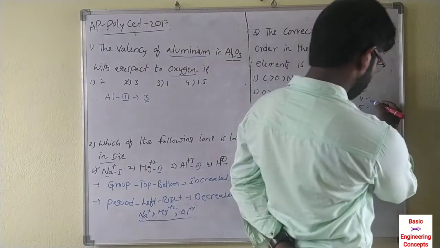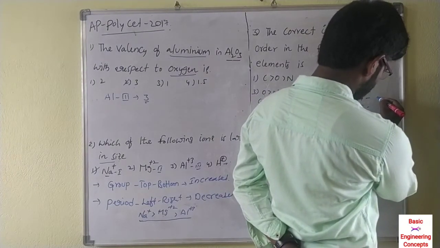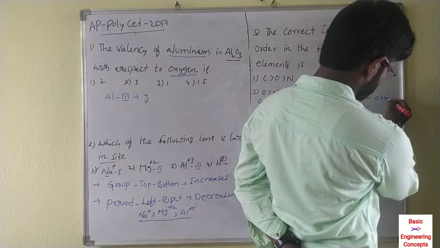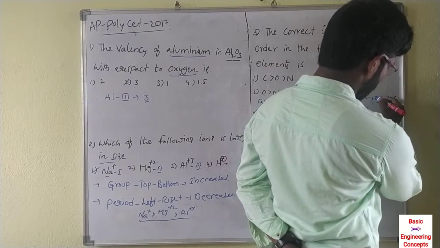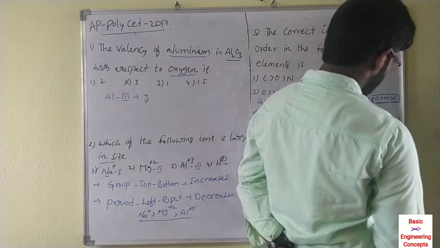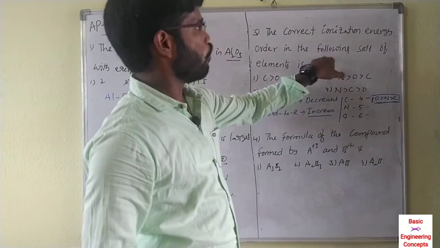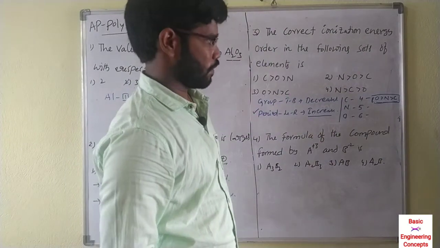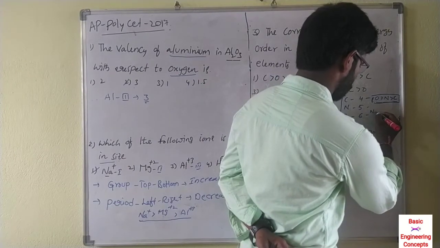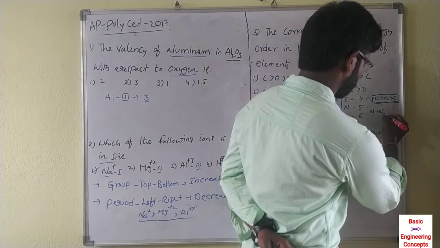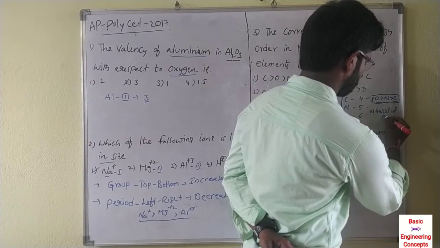According to this rule, the order would be oxygen, nitrogen, carbon, but this is the wrong answer, because half-filled orbitals have more ionization energy. For example, nitrogen, helium core, atomic number 7, 2s2 2p3.